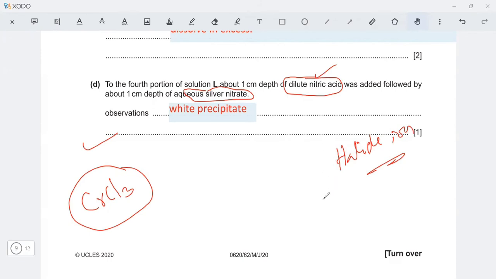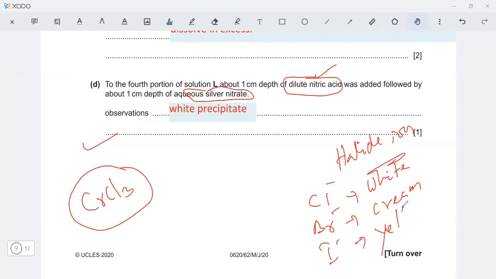Halide ions are chloride, bromide, and iodide. If you get white precipitate, then that should be chloride, and bromide gives cream precipitate after adding this couple of compounds, and the iodide gives yellow precipitate when you add silver nitrate and dilute nitric acid. Okay, so you can memorize this also.